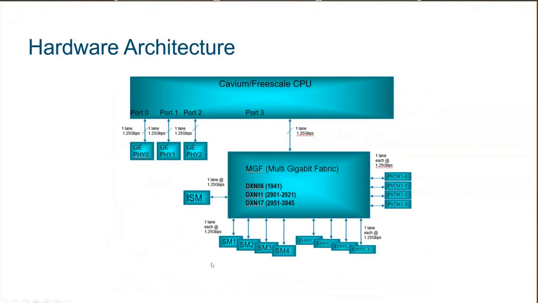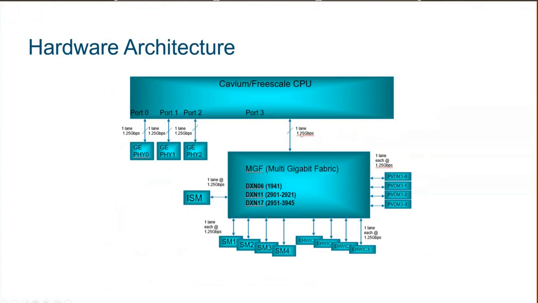The hardware architecture of these devices is very simple. We have a multi-gigabit fabric that connects to all the modules that can be inserted, for example internal service modules, HWIC cards, and PVDM cards.